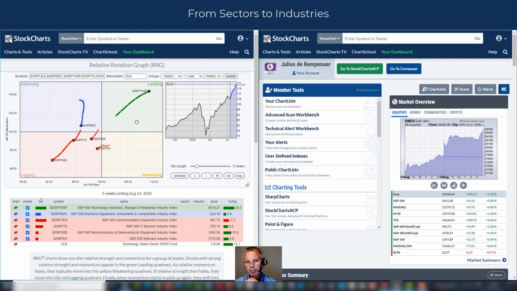So that XLK sector is dominated by one group, which is dominated by one stock, which makes it vulnerable. That's very clear. That technology sector is very vulnerable. If something happens to Apple, then I don't know what's going to happen with technology, and I certainly don't know what's going to happen with this group. So we've got to keep an eye on that.